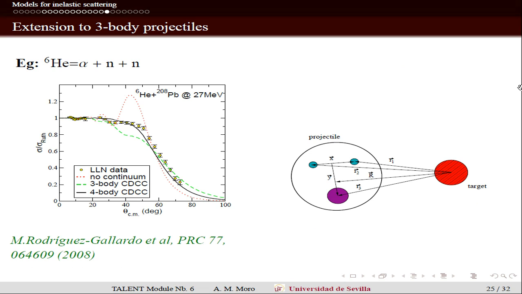In this slide, we have a four-body CDCC. Well, you have to get the states of a three-body system. That is a complicated problem, but there are techniques to do that. You can solve what are called, for example, the Faddeev equations. This is a possibility. You can use what is called the expansion in hyperspherical coordinates. These are complicated techniques, and it's difficult to explain here in a few words.